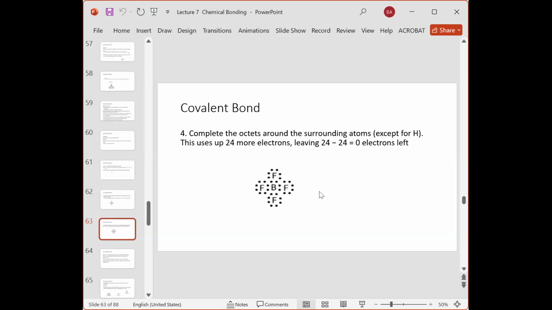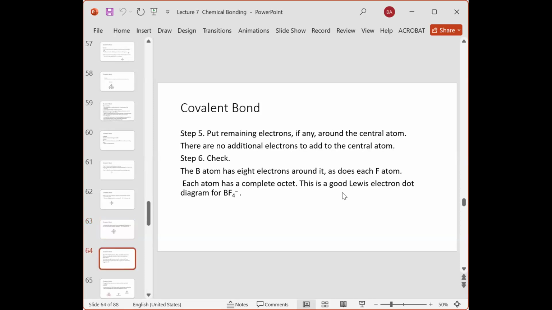Now, what we did is complete the octet around the surrounding atoms, except for hydrogen. So this uses up 24 electrons. So 24 minus 24 gives us 0. We have none left. If there were some left, we could have put them on the central atom. And that's it, you're done. The step says put the remaining electrons, if any, around the central atom.